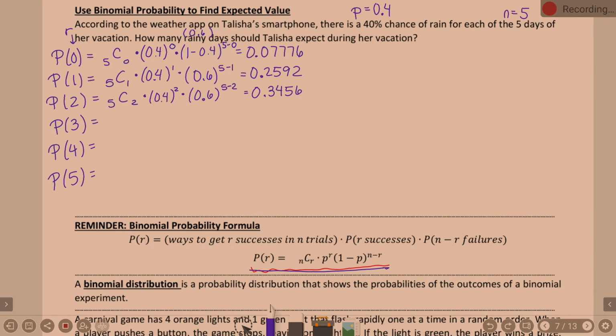P of 3: 5C3. That means 0.4 to the third, 0.6 to the second, since it's 5 minus 3. That gives 0.2304. P of 4: 5C4, 0.4 to the fourth, 0.6 to the 1.